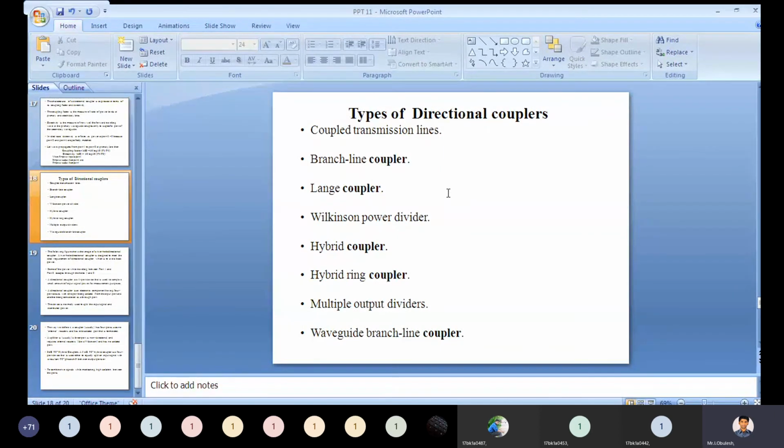These are out of syllabus. Coupled transmission lines, branch line coupler, lane coupler, Wilkinson power divider, hybrid coupler, hybrid ring coupler, multiple output dividers, wave-guide branch line coupler. You need to remember all types of directional couplers.